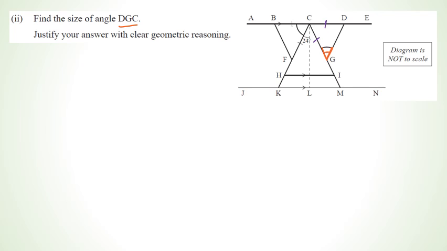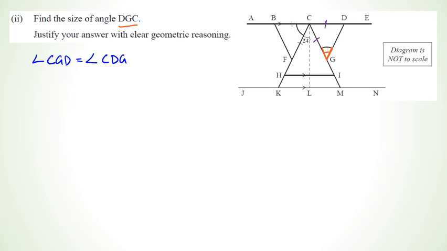So what I could really say is that angle CGD equals angle CDG, because they're isosceles triangles.